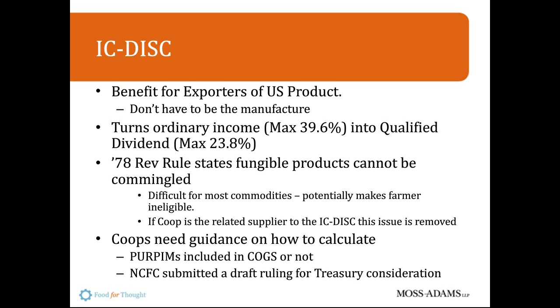Most entities have taken a position that, well, everybody's proportional share got exported, but that is specifically what this rev rule tries to avoid or says is not allowable. So if the co-op sets up the IC-DISC, then it knows what's exported and doesn't have to worry about this rule because it doesn't apply to their situation.